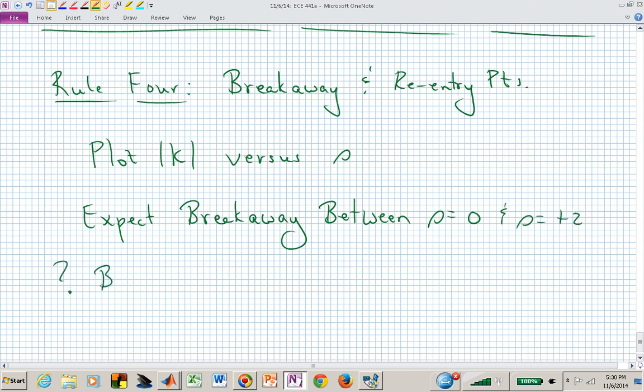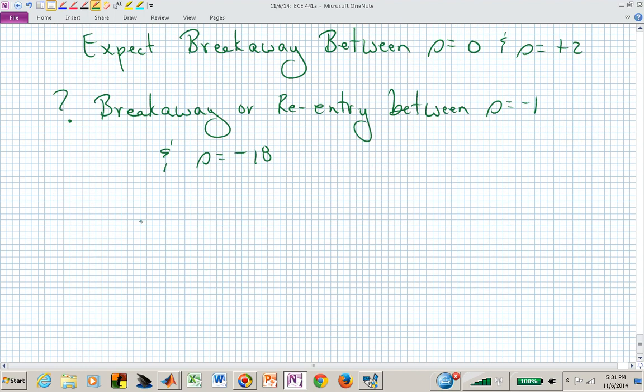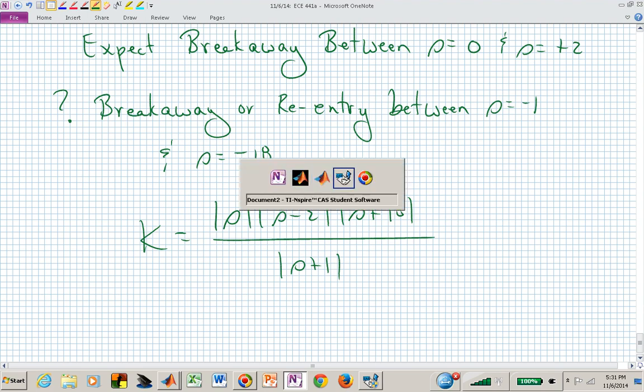What we don't know is whether or not we have reentry and breakaway points between the 0 at minus 1 and the pole at S equal minus 18. From the magnitude condition, we get K is the three pole lengths, and we can now sketch that with our calculator, for example.